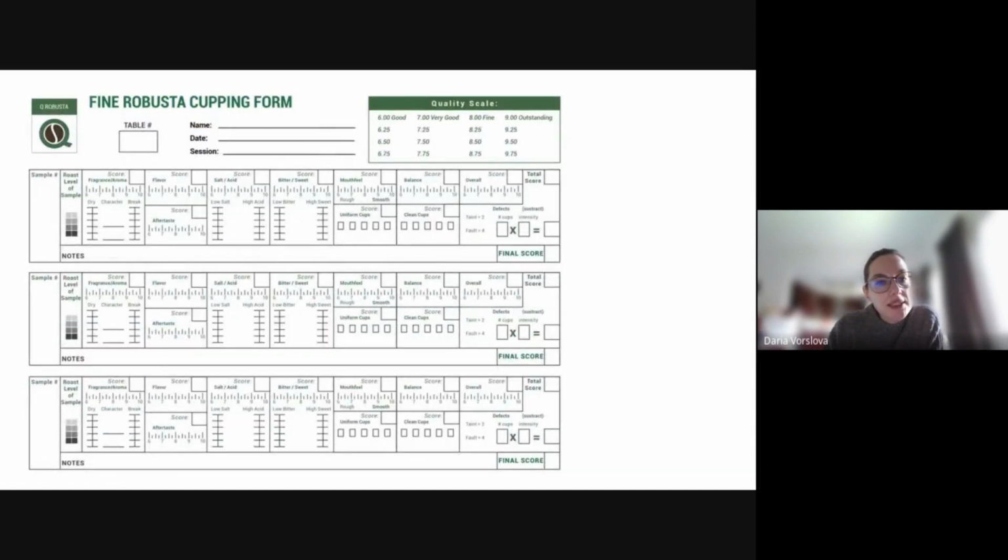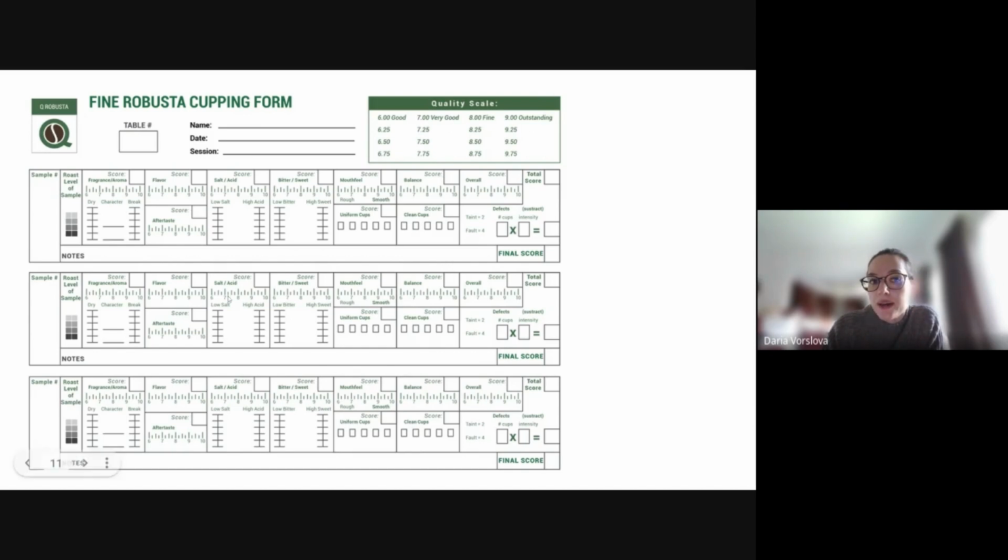And for Robusta it's a bit different because Robusta has a different content, a different flavor, a different taste. It doesn't have that much sugar or that many aromatic compounds, but it has more caffeine and more chlorogenic acid.